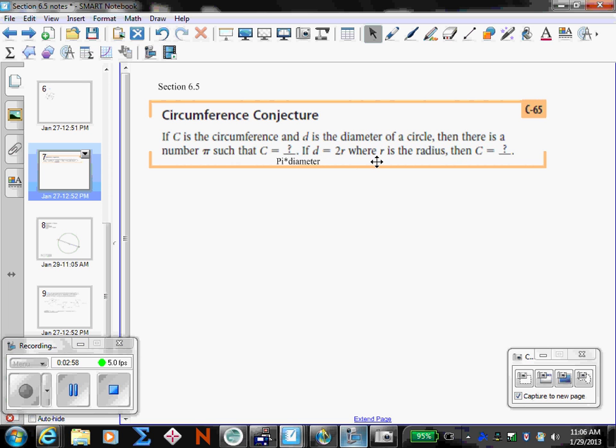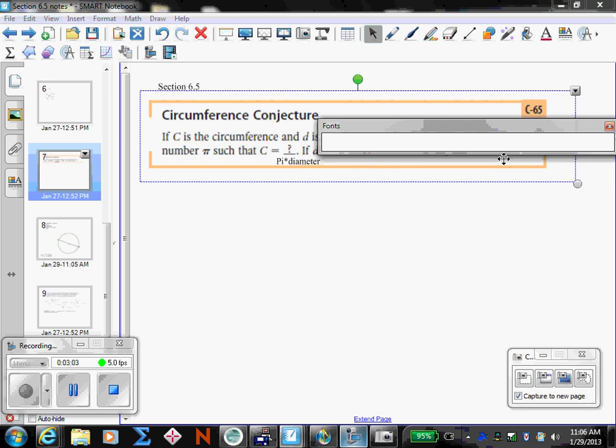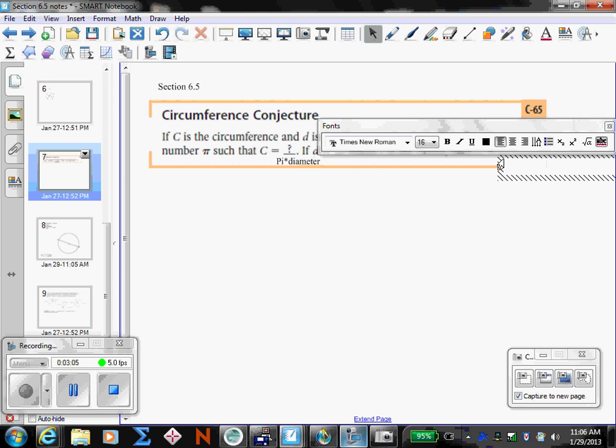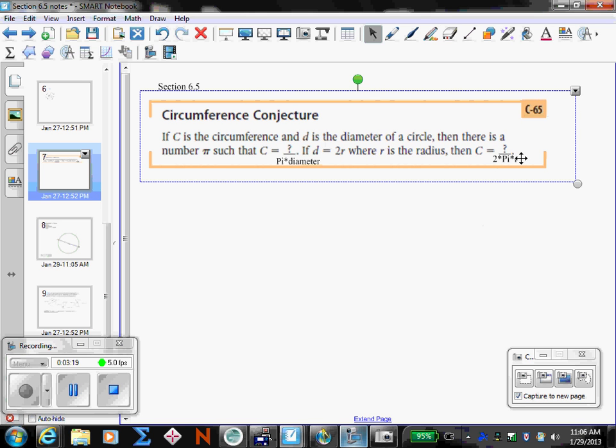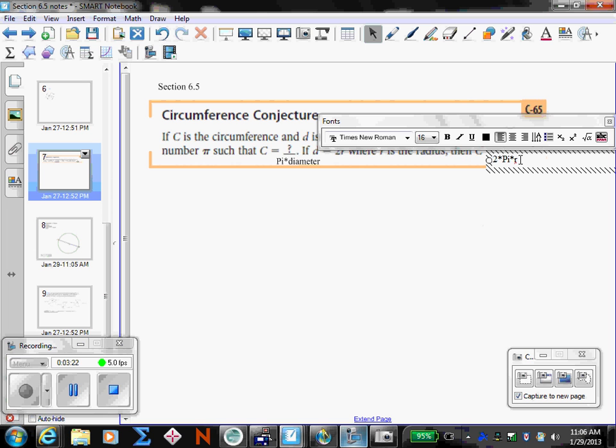But if it's just given in terms of r, then the circumference is, I'm going to put the 2 first, 2 times pi times the radius, where r is the radius. So 2 pi r, and maybe I should go ahead and write out radius there.